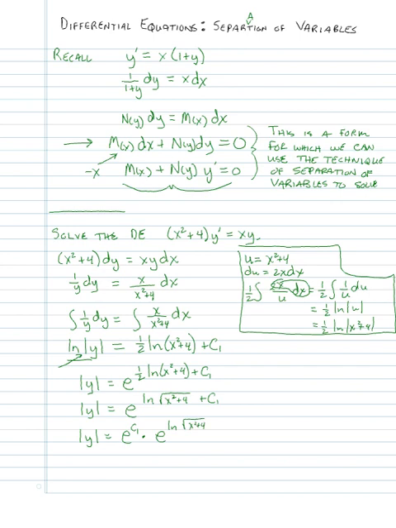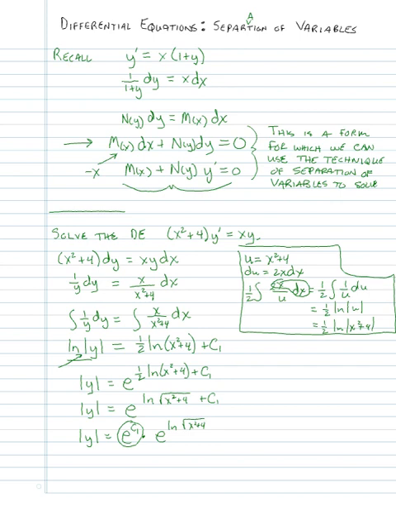Now, pardon me, because of course we know that if we have the same base and we're multiplying, what we do is add together the exponents. So I'm just going in the reverse order. Now, c sub 1 is just an arbitrary constant, so e to an arbitrary constant is just a constant itself.